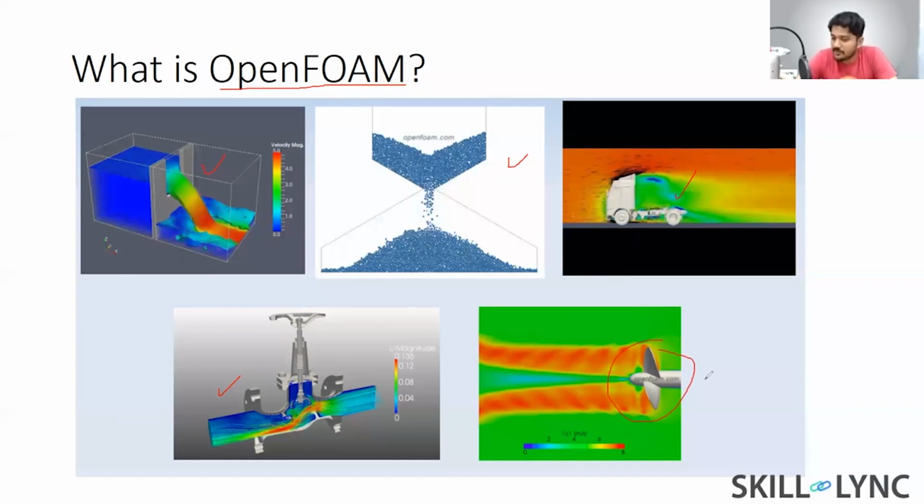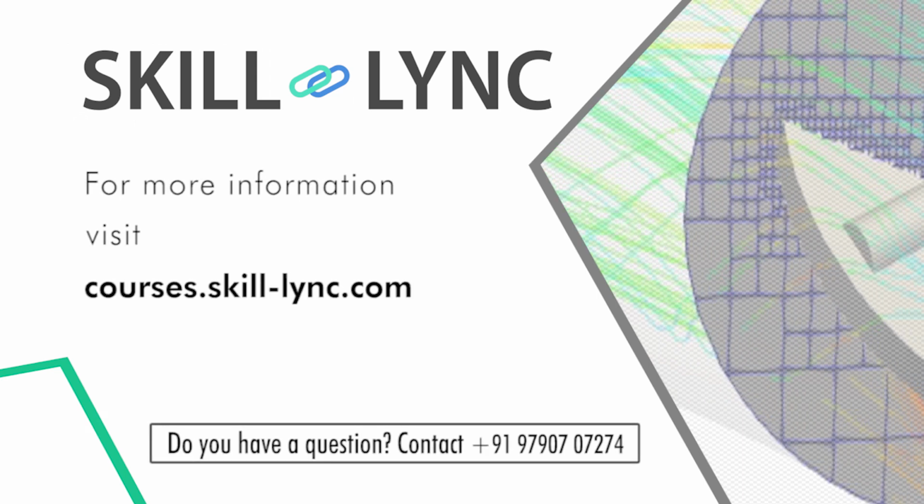This can be a propeller of a ship, and you're actually looking at how the velocity is as the propeller rotates. And this is your classic valve example. The nice thing about the valves is that you basically look at what's the pressure loss. This is one of those simulations that are being done left and right. Pretty much every company that does flow analysis does this.